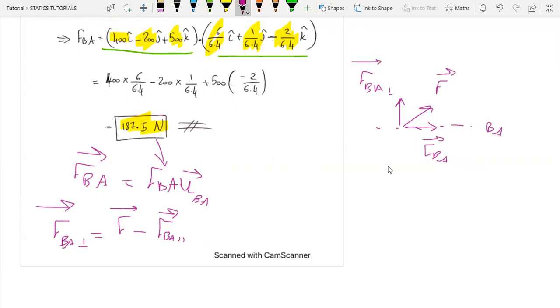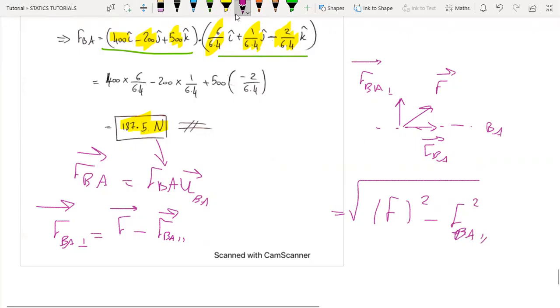But if we are dealing with the magnitudes, we simply say the magnitude of the force F, which is given in the problem, minus the magnitude of FAB or BA, which is the parallel component. Here it is 187.5.